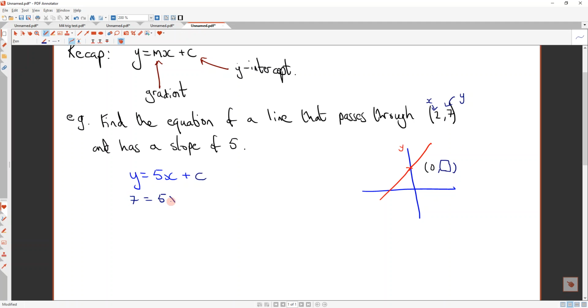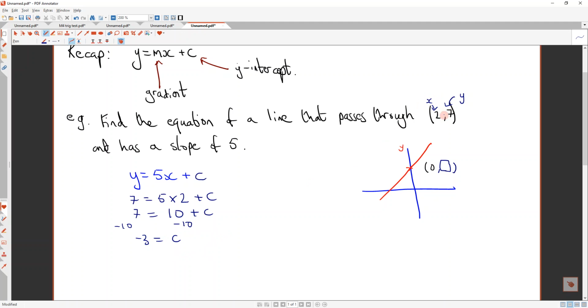And I've got 5 times the value of x, which is 2. So I've got an equation here which has just got one variable that I don't know. So 7 equals 5 times 2 plus c. So what is c going to be equal to? Good, negative 3. If I subtract 10 from both sides, I end up with negative 3 here and c.